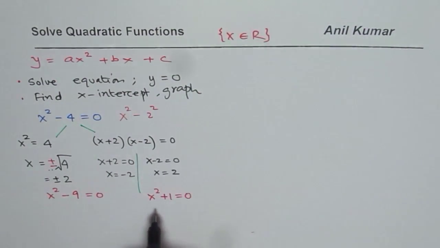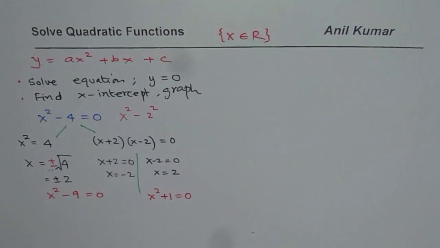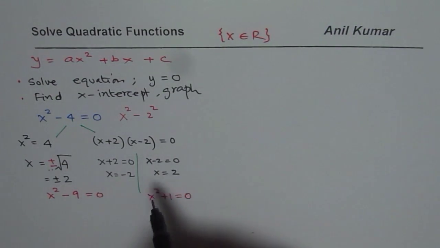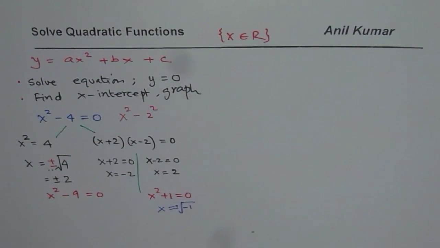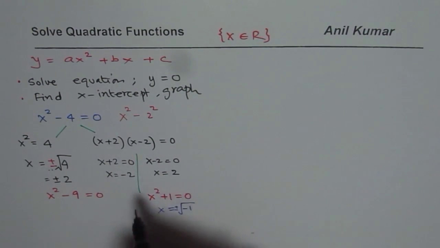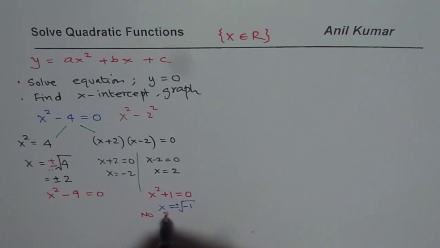Now in that domain, this equation may not have any solution. Since, if I take 1 to this side, then I get x squared equals minus 1, and then I square root it, and of course I'll write plus and minus, but that is the square root of a negative number, not possible, right? So in this case, we have no solution.